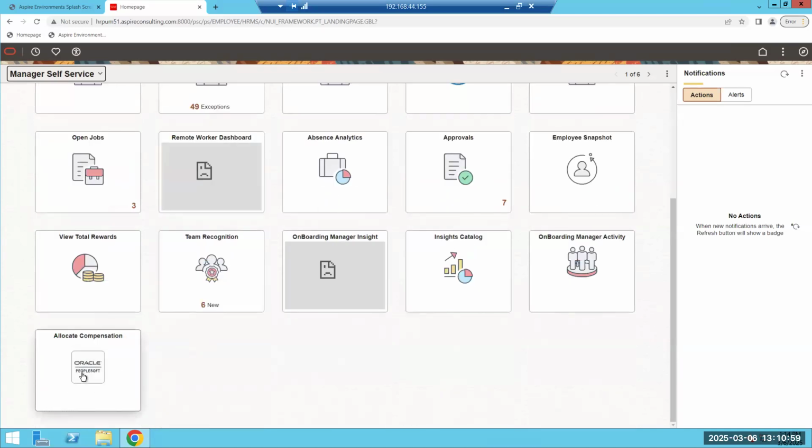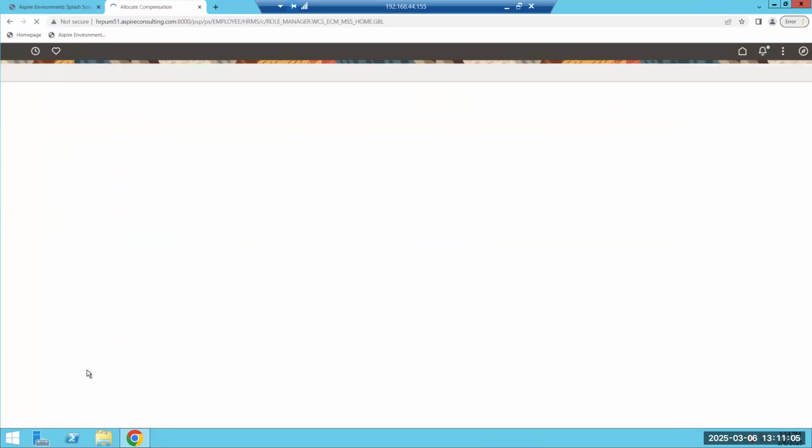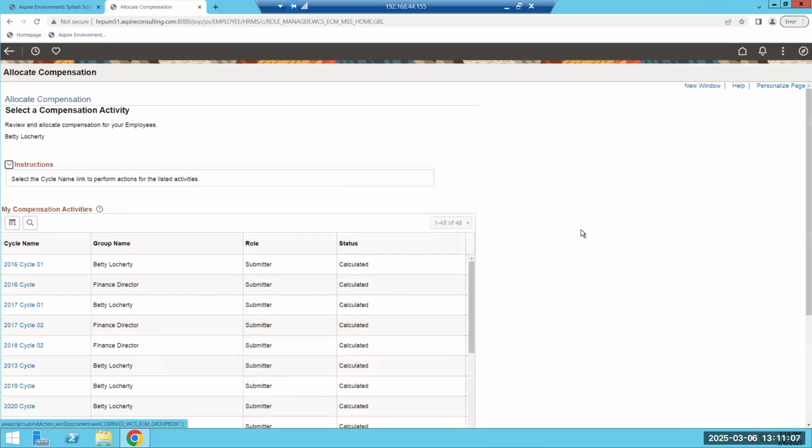Allocate compensation is the page that the manager sees. Now, keep in mind, this is the demo environment, and so you're going to see a lot out here. Your manager would only see 1 or 2 cycles that they were planning for. Betty Lockerty, on the other hand, is a very busy person here in the demo environment.